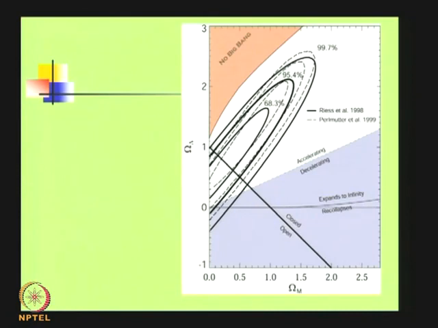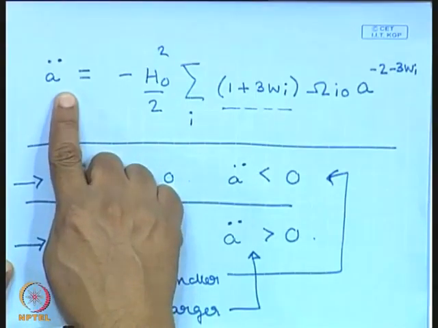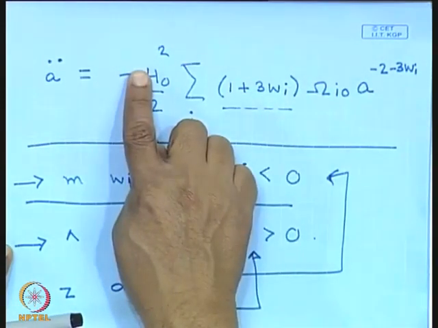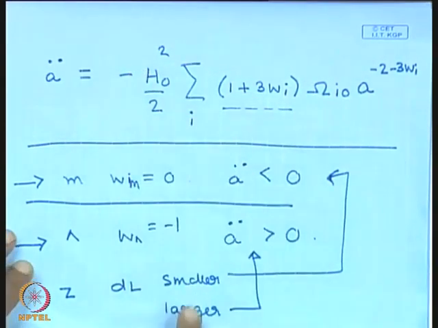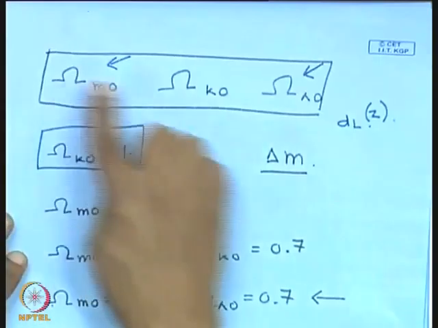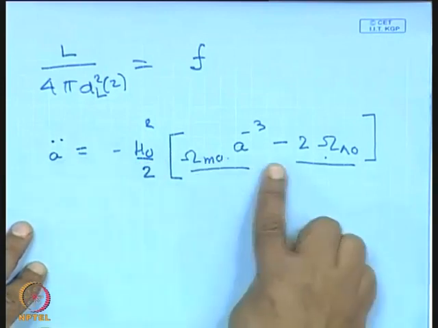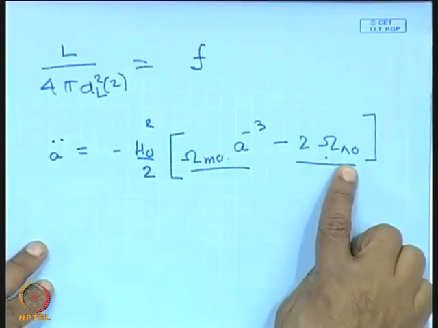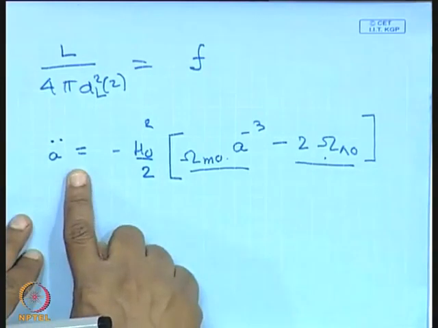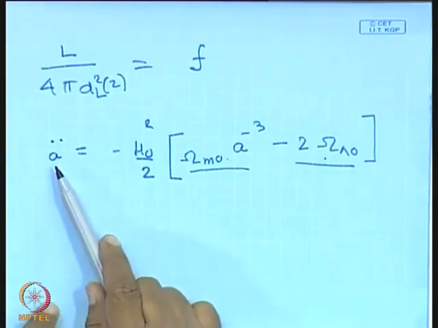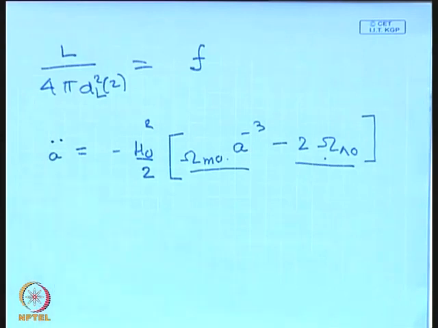So that is the question that we were addressing at the end of last class. What decides this? If you look at the equation that governs the evolution of the scale factor, this is the equation, and for a model which has these three parameters, this equation then becomes this. The curvature obviously does not contribute to a double dot. In our interpretation, it is a constant of integration that you encounter when you integrate this.